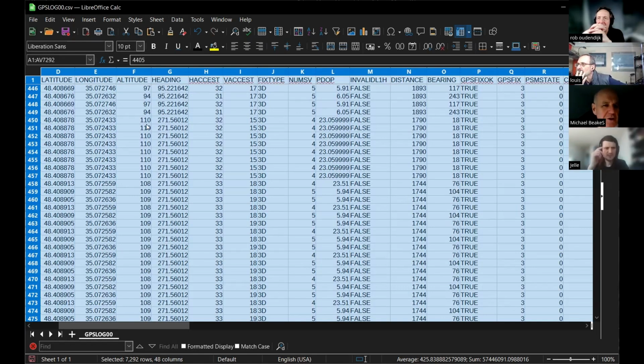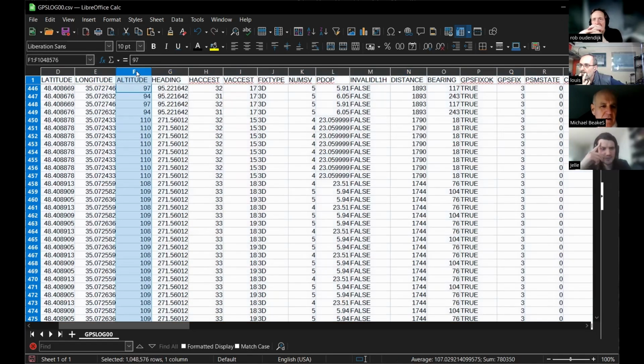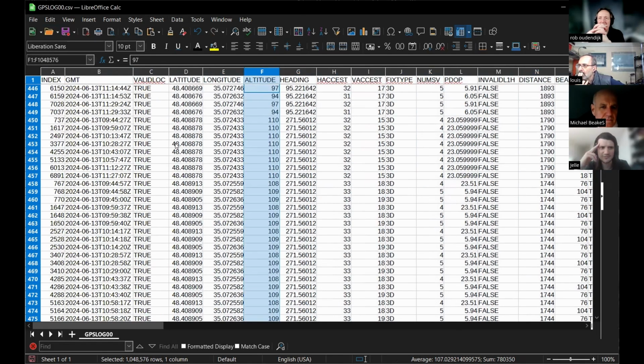Well, the altitude is over on the side here, in column F. It's all the same. Did the ordering go correctly? Because even the latitude and longitude are in the same groups. The distance and bearing and whatnot are all tied to the same longitude and latitudes.